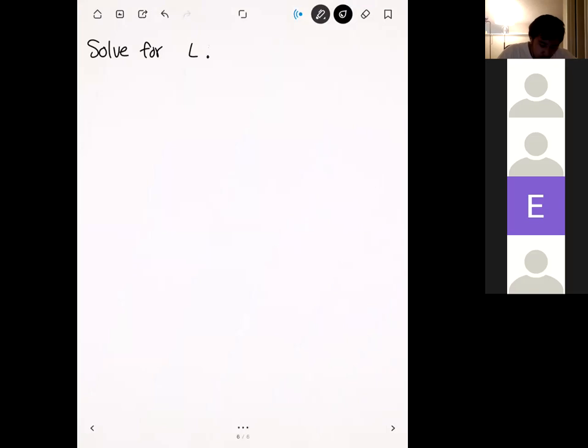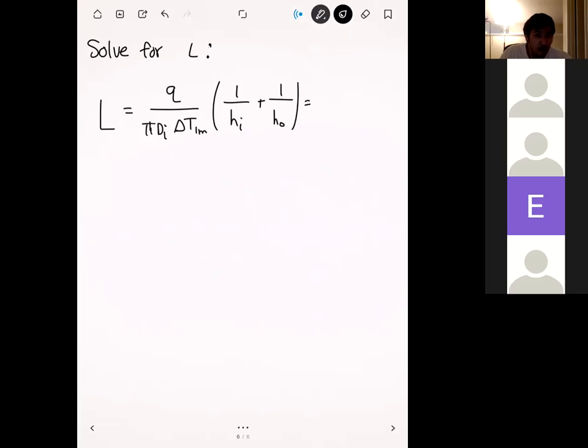All right. And so let's take our equation that we had two pages ago and manipulate that to solve for L. So we're going to have L is equal to Q divided by pi Di times delta T Lm times 1 divided by Hi plus 1 divided by Ho. Okay. And we have everything in this problem.